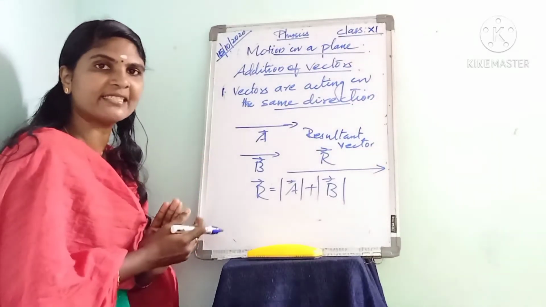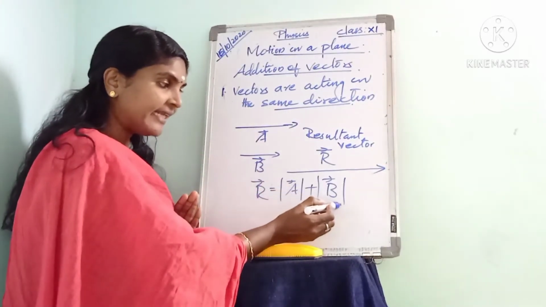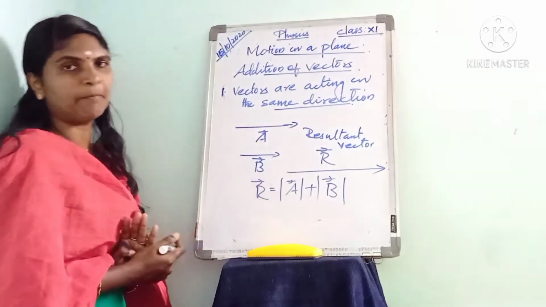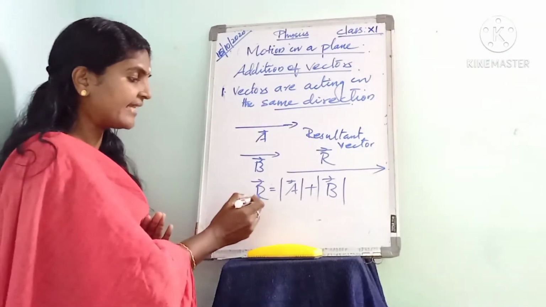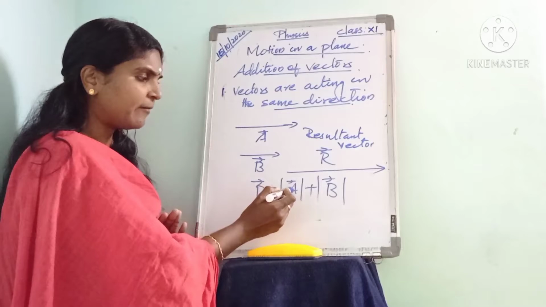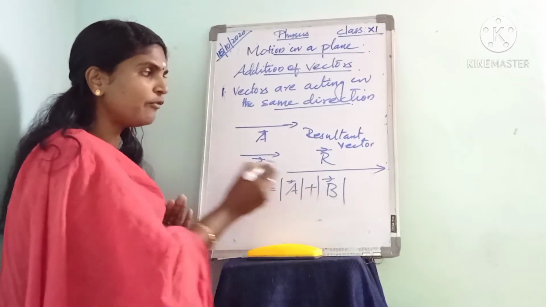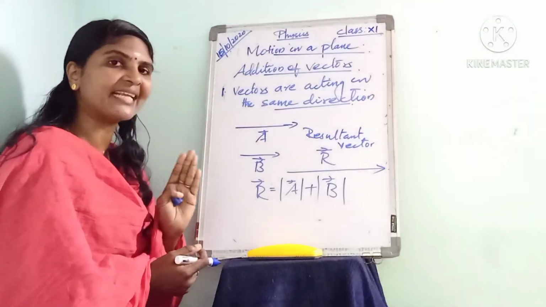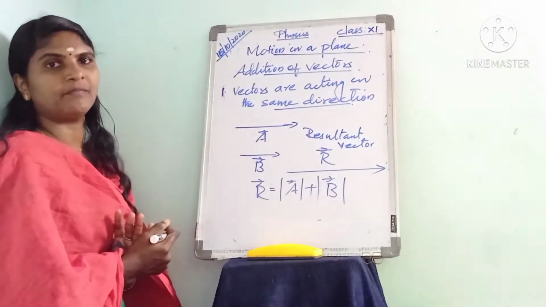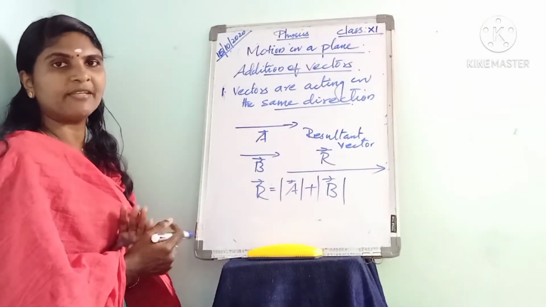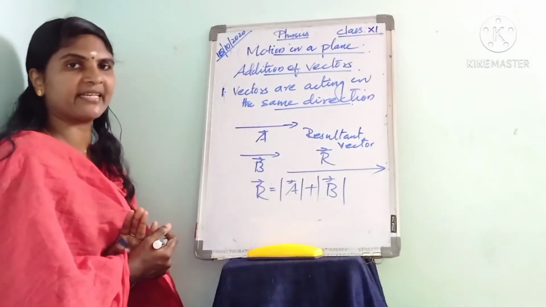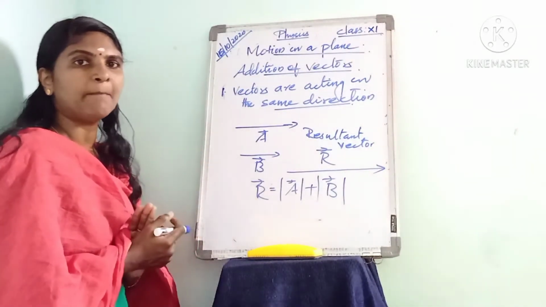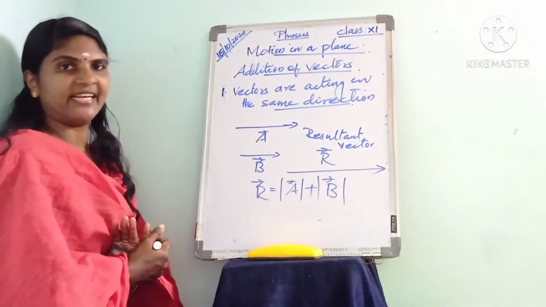The resultant vector is given by adding the magnitudes of vector A and vector B. We can write the resultant vector R as modulus of A plus modulus of B. Listen to it: if the two vectors are acting in the same direction, the resultant vector is given by just adding the magnitudes of the two given vectors.